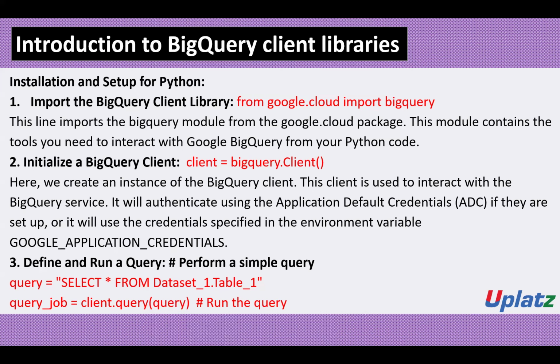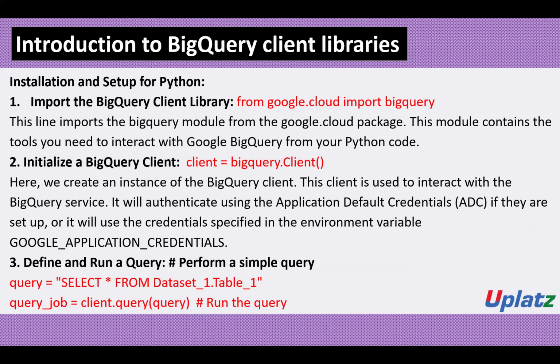The next code is define and run a query, so perform a simple query. After that, we have written query = select star from dataset_1.table_1. This means we want to retrieve all the records from table 1, which is present in the dataset.